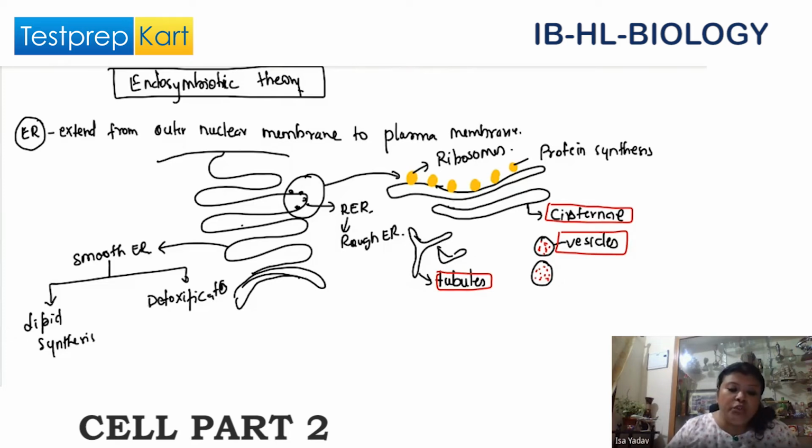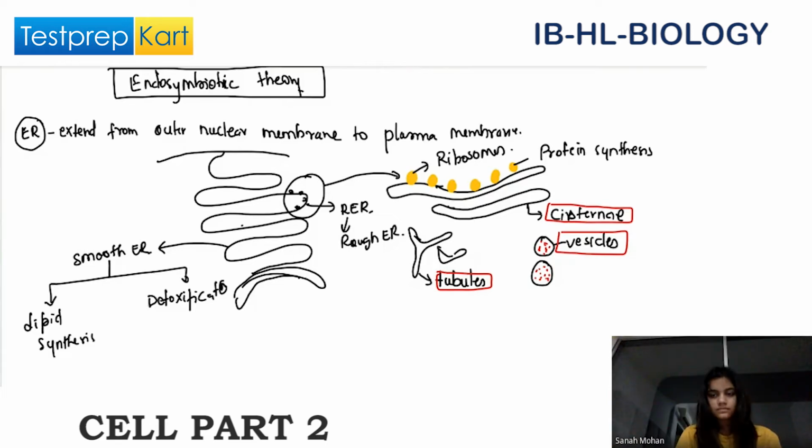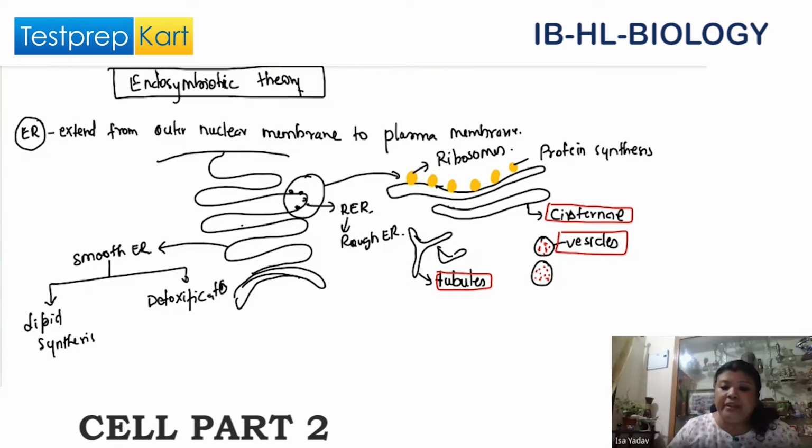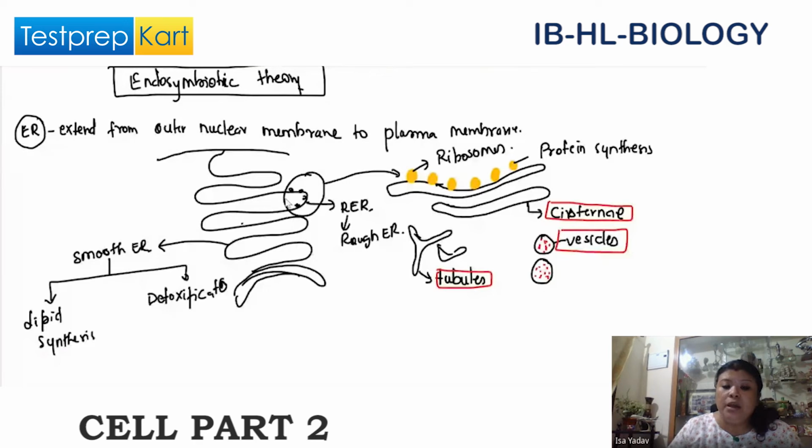This is smooth ER and rough ER. Then what happens after the protein is made? This protein will be filled in vesicles, and that will go for packaging to the next organelle, that is called Golgi apparatus.